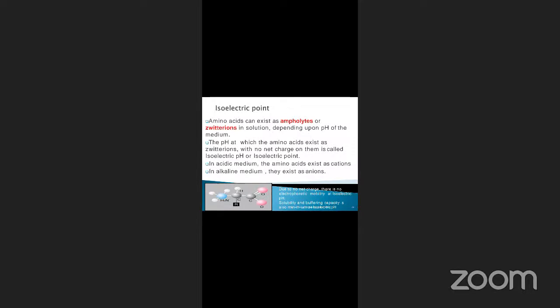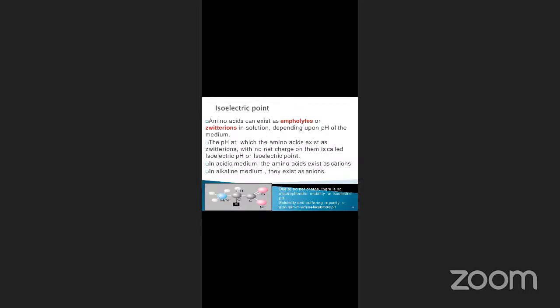Then we have an important concept which is called isoelectric point. Usually the amino acids, when they are present in the solution form, exist as Zwitter ions. Zwitter ions are those which don't have any charge. They will be neutral in charge.